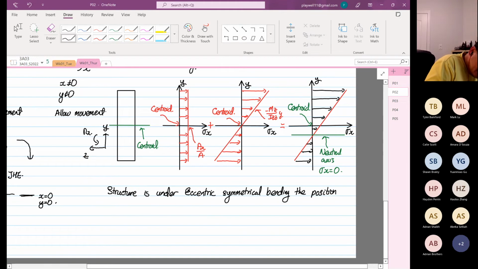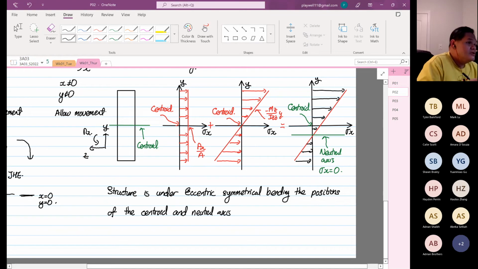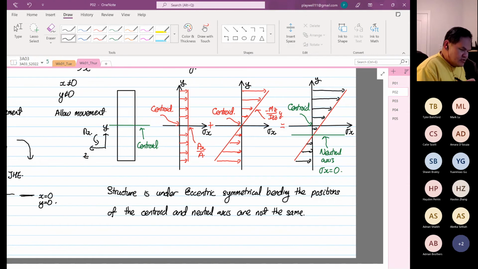The positions of the centroid and the neutral axis are not the same. So that's where we have to distinguish the two differences.